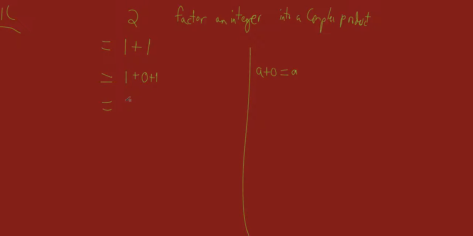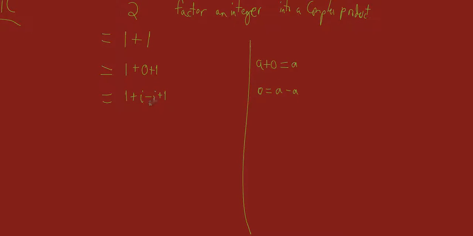And then the next part, I'm going to do 1 plus I minus I. That we can do because 0 equals, of course, A minus A, where A is any number that we're working with. I is certainly a number. It's known as a bit of a strange number, but it's still a number.